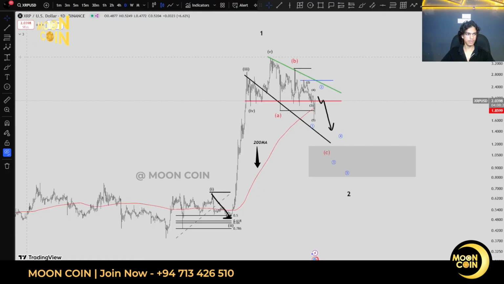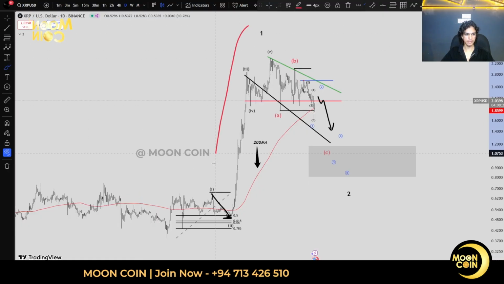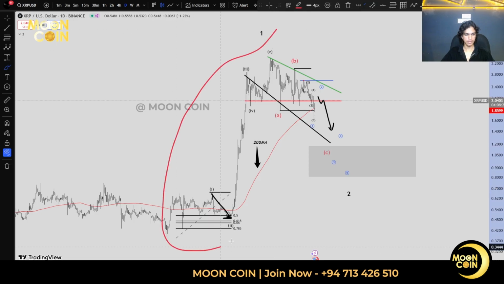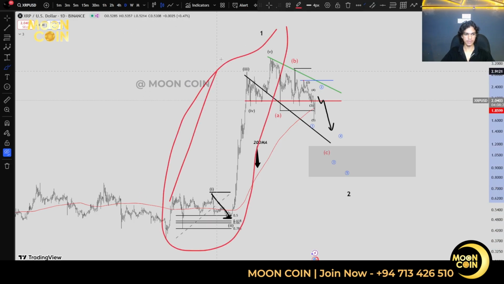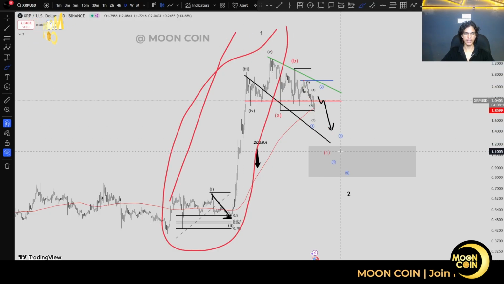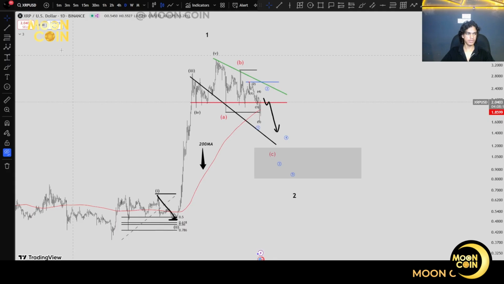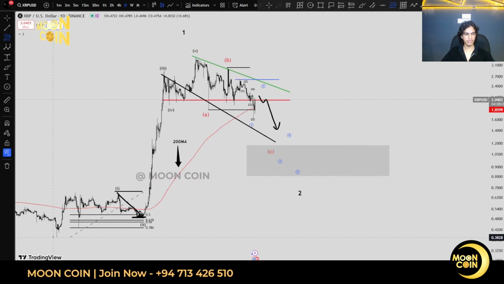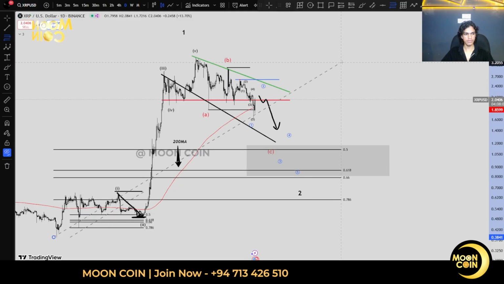If you take a look, this was an impulse move here. If you consider that the first wave, now it should come for a retracement, which is the second wave. So I took this as 0, and this is our first wave, 1, and now it's going for a retracement from 0 to 1.